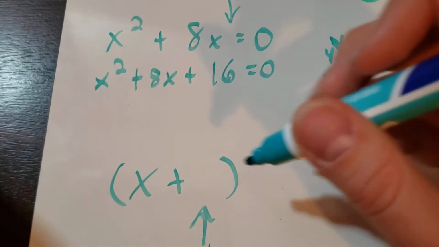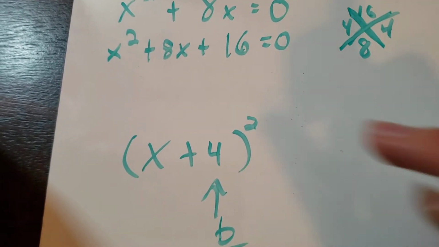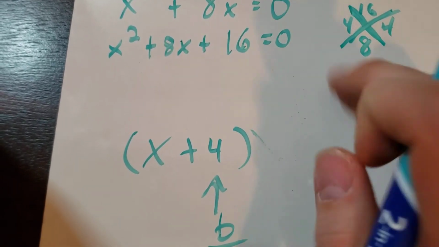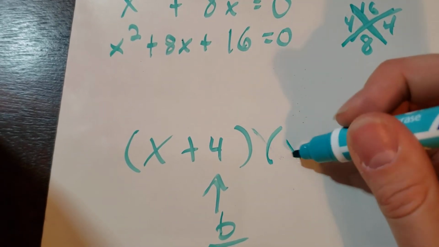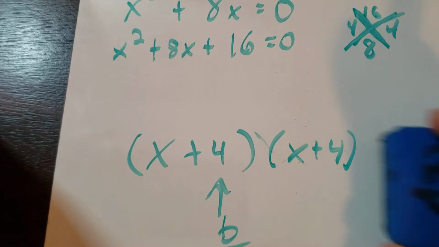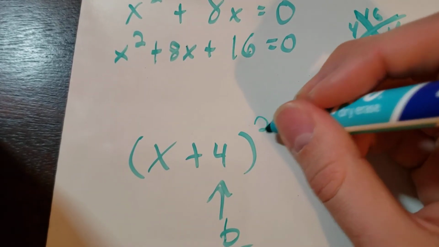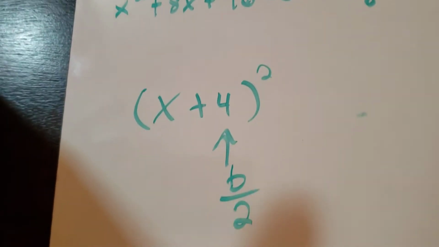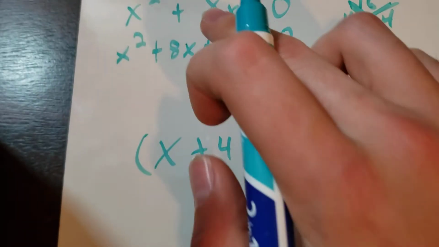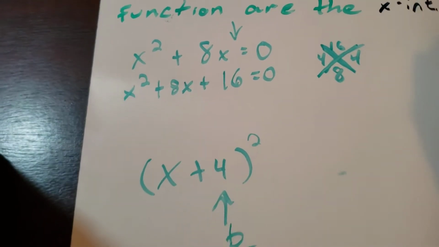So I'm going to have x plus 4 squared. The reason I have that is because I've got two x plus 4 factors, which is the same as x plus 4 squared. Yep, b over 2 is 4. So now you can see the whole process.